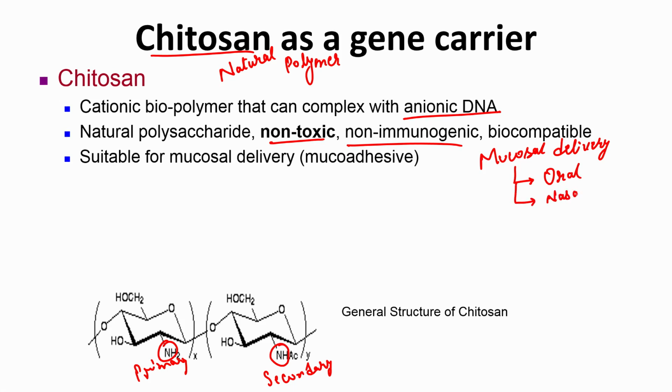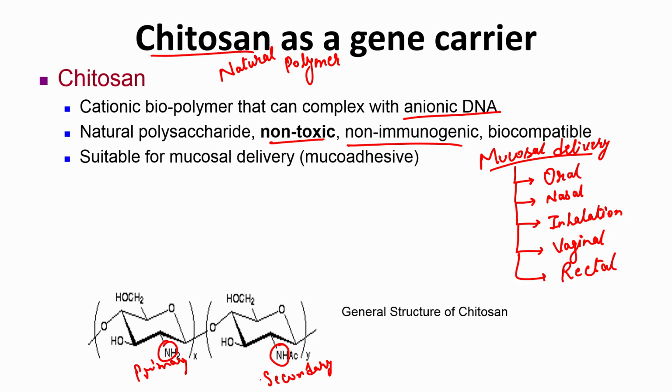So, any route that will encounter mucus in the surrounding will be classified as mucosal delivery. So, you will see that all of these routes are feasible, and of course, inhalation will also have mucus, you will have vaginal, rectal. So, all of these are mucosal delivery routes.